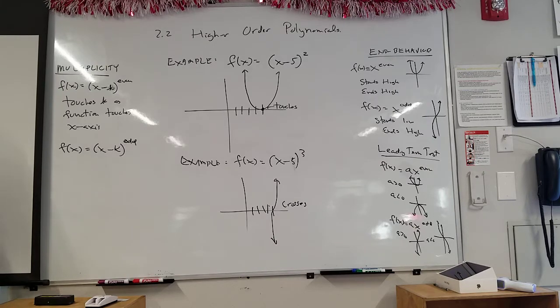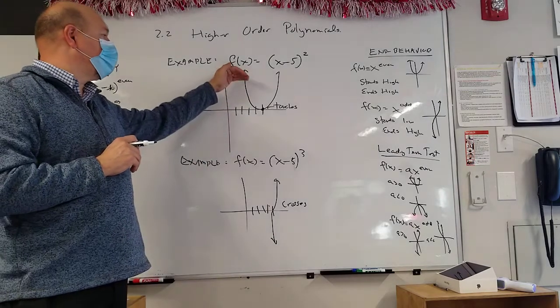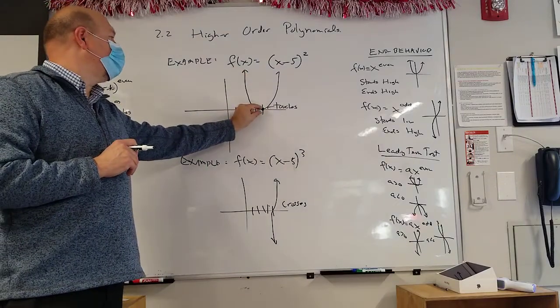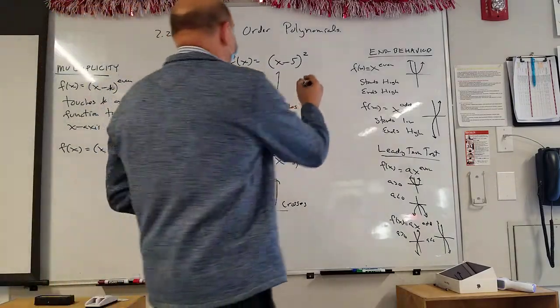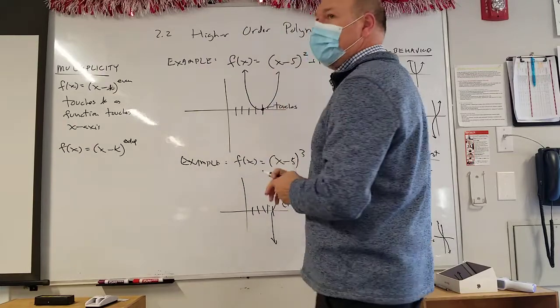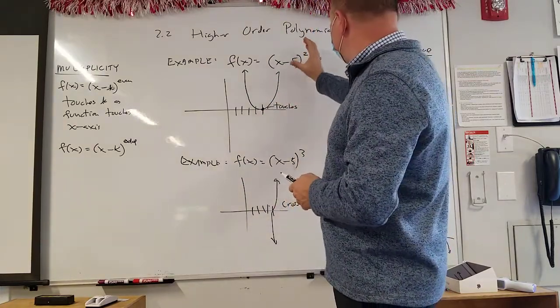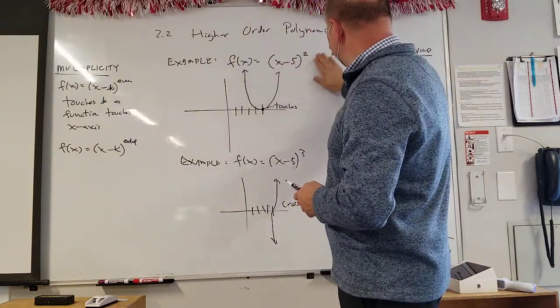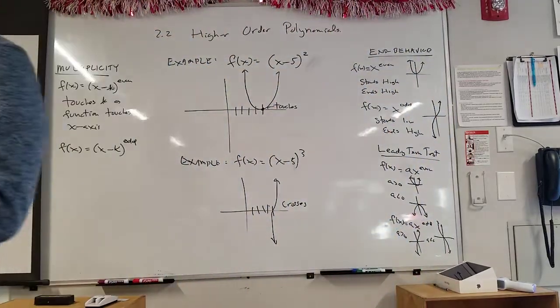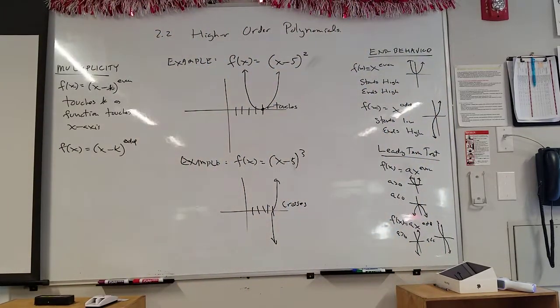So it can cross through. Or if it moved up, let's say we had a +4 over here, then it would not even touch at all. But we're specifically just talking about this little piece right here. Does that make sense? We'll get to why we're talking about those pieces in just a bit.